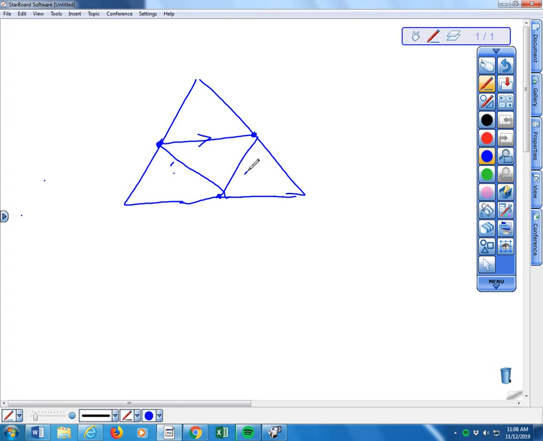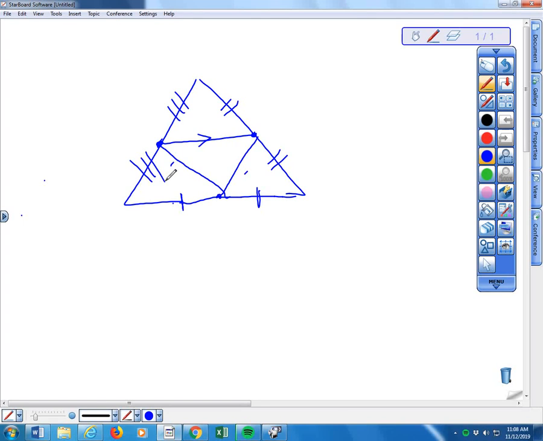I know this and this are the same length, because this is the midpoint. I know this and this are the same, and this and this are the same. And if these are parallel, what I end up creating are 4 congruent triangles.